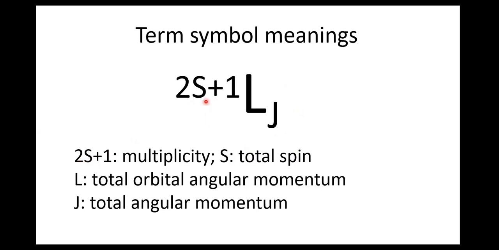We do not just put S here. Last time somebody asked why we put the extra effort of writing 2S+1 instead of just S. It is more useful because from 2S+1 we can directly tell the multiplicity of this term.